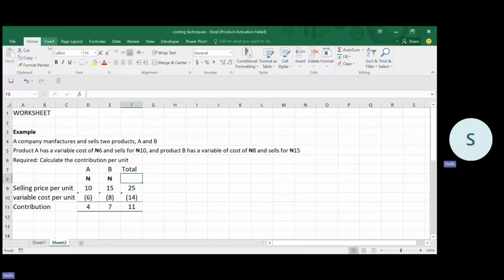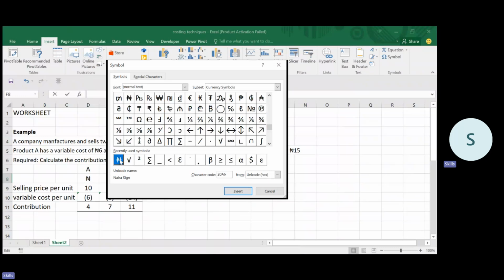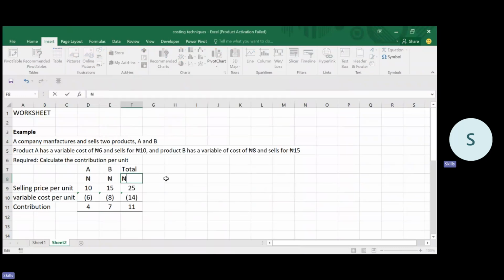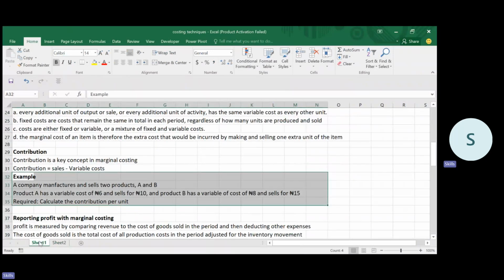All these are in naira. So 11 naira is the total contribution of the two products. Product A contributes 4 naira and product B contributes 7 naira. Okay, so this is about contribution.